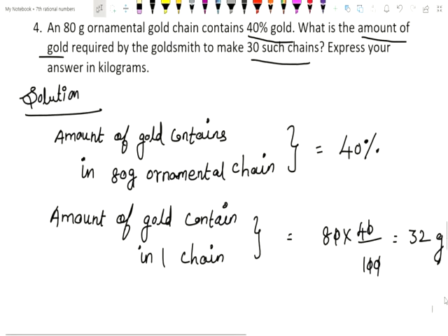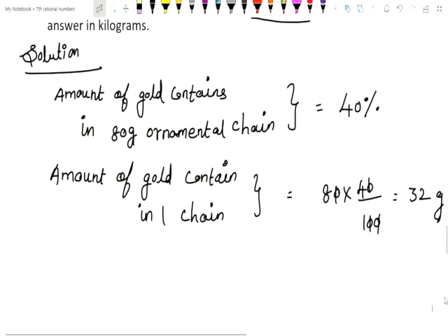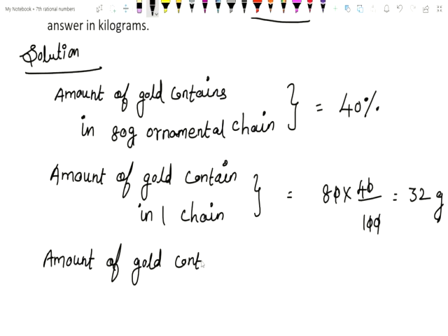So we have 30 chains. So he wants to make 30 chains. Amount of gold contained in 30 chains equals 32 gram into 30.